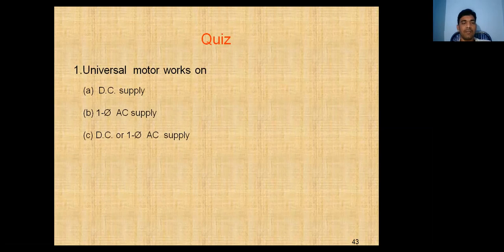Option D, none of these. So a universal motor can work on DC or single phase AC supply. It can be run on both. So option C is the correct answer.